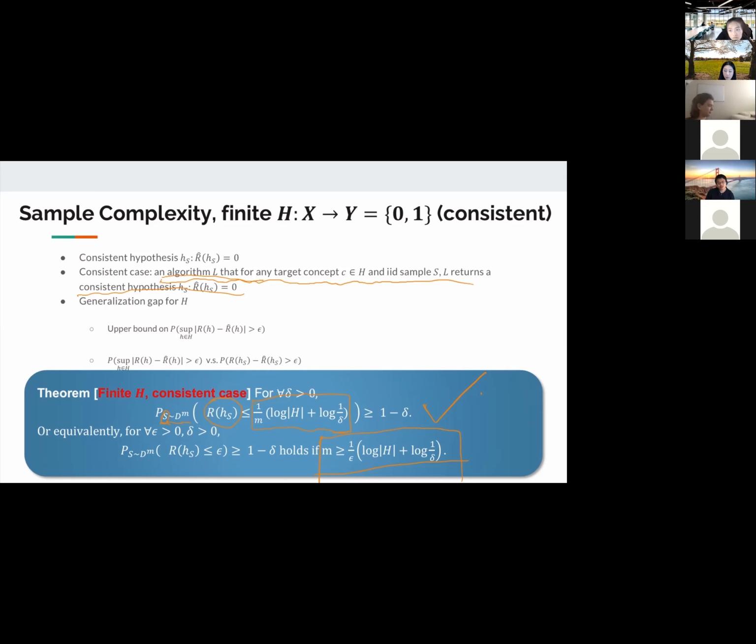Each training example within the sample. Now the probability just means, you can imagine this is just the frequency of, having all these samples, how many times you would have this error being smaller than this quantity. So was that the training data or the test data?